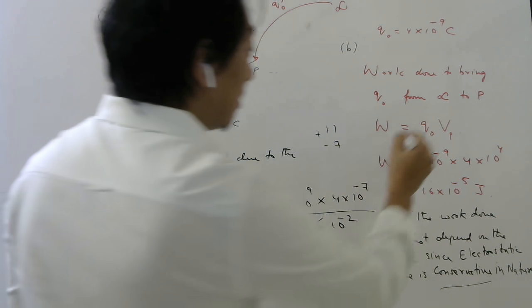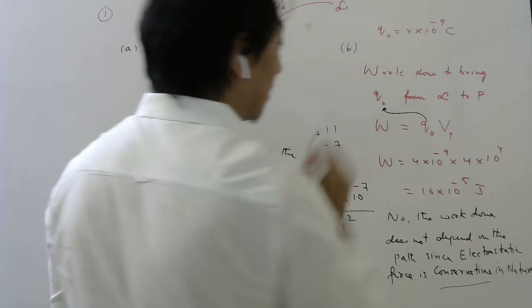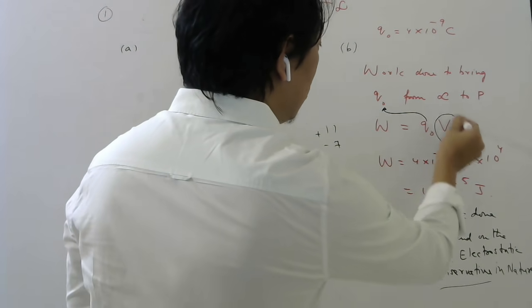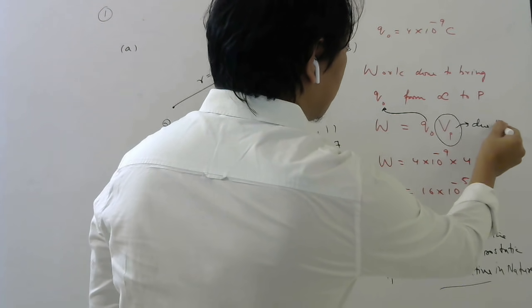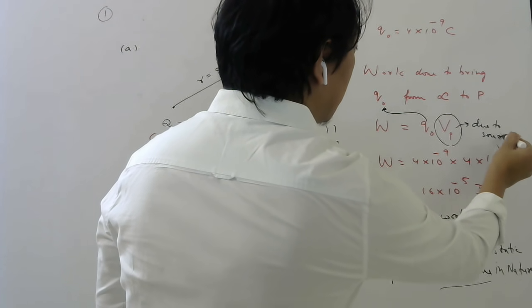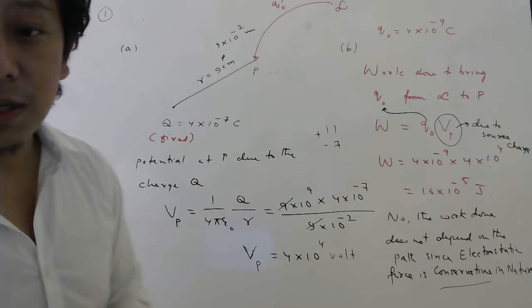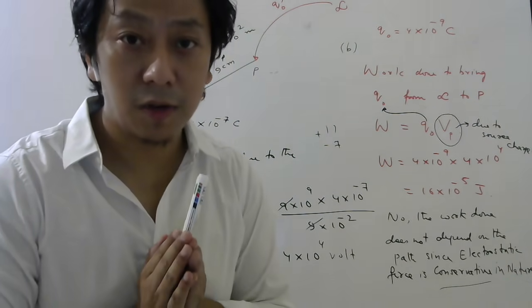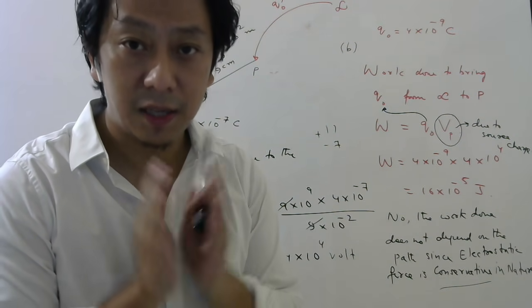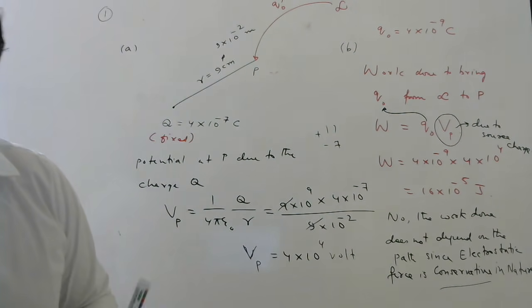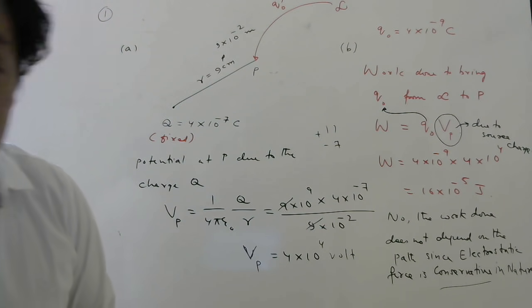Please remember, this is the charge which you are moving, and this potential is due to the source charge. Think about all these things very carefully and apply it. Then only you will fully understand it, and try to solve the home exercises also.